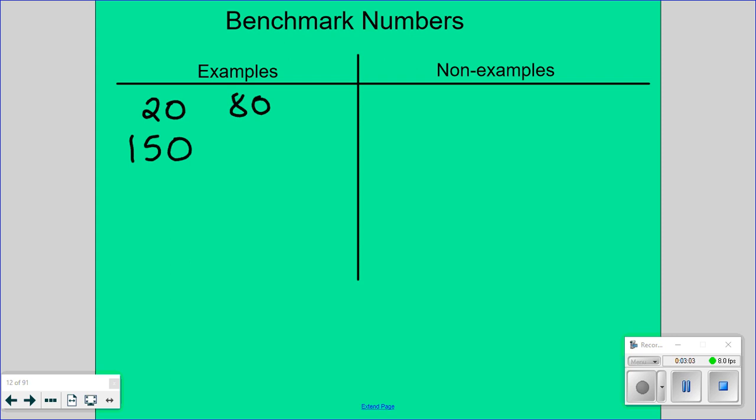Raise your hand if you can think of any other friendly numbers. Numbers that would be easy to add with or subtract with. Jordan? 5. Fives. Anything that is our fives. Definitely going to write a 5. Do you think of another multiple of 5 that might be easy to work with, Jordan? 25. 25 is probably another easy benchmark number. Paxton? 10, sure.